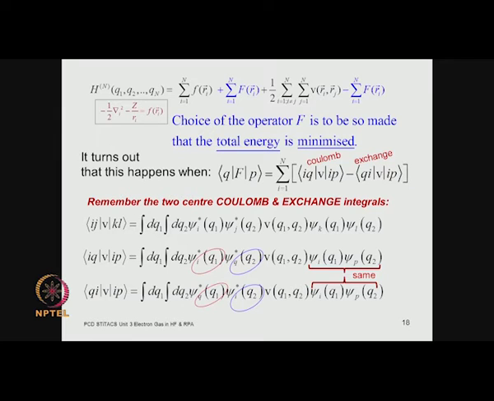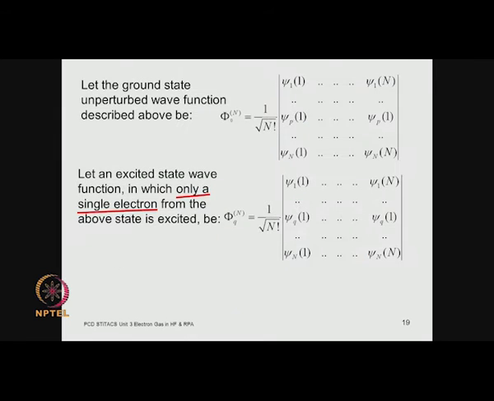So, these are the explicit expressions for phi p and phi q. Phi p is the ground state, which is phi 0, and in this the pth state was occupied, whereas in the excited state phi q the pth state is not occupied, but instead the qth state is occupied.